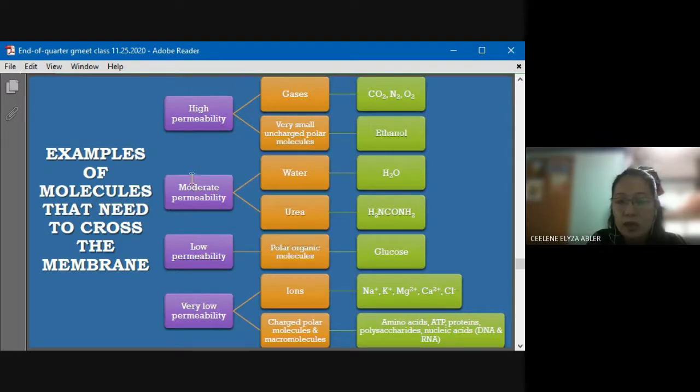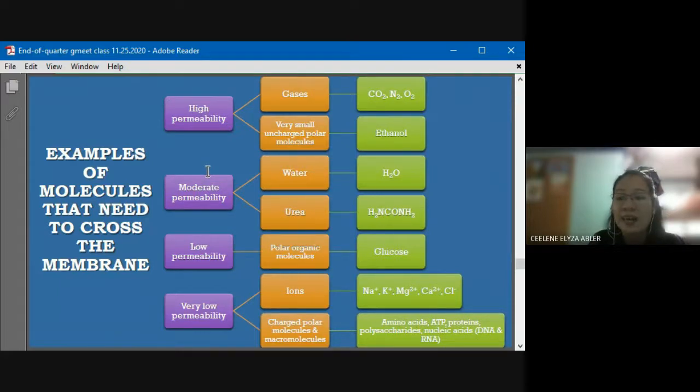With moderate permeability, they will be requiring transport proteins, carrier proteins, or channel proteins to go through your cell membrane. For the really large ones, that's where bulk transport or clathrin-mediated types of transport come in. That's in Module 7. Modules 5 and 6 cover the high permeability and the moderate permeability.